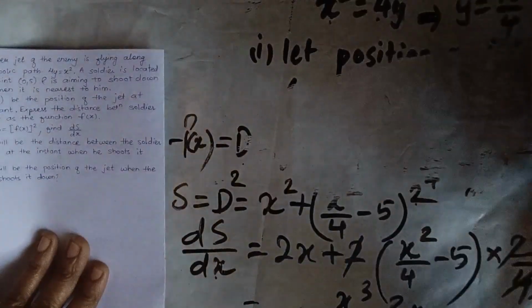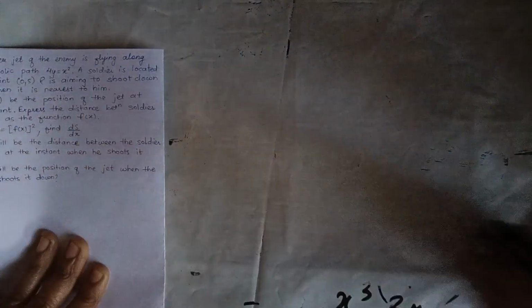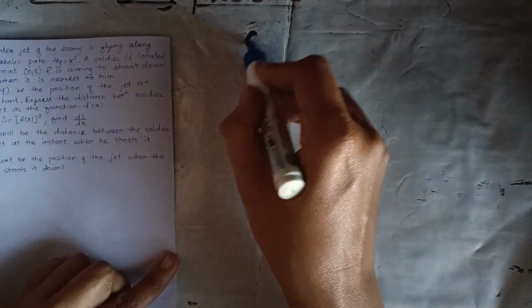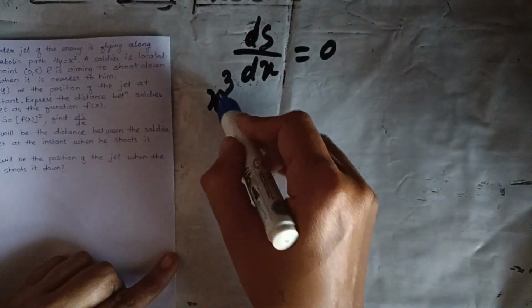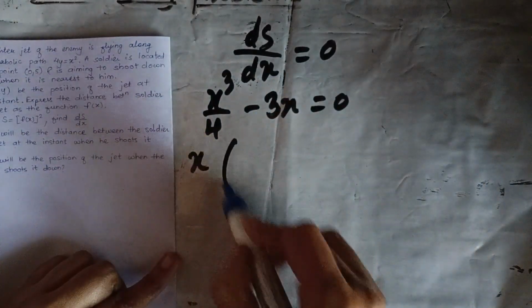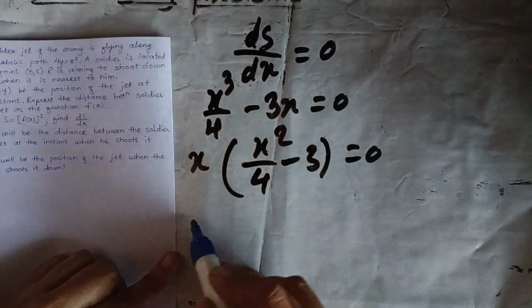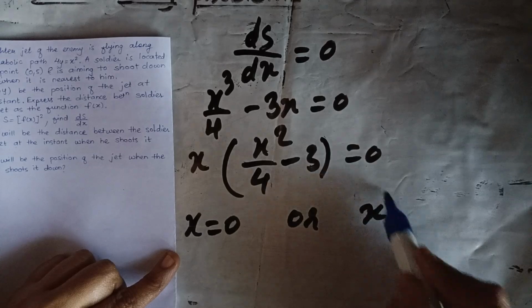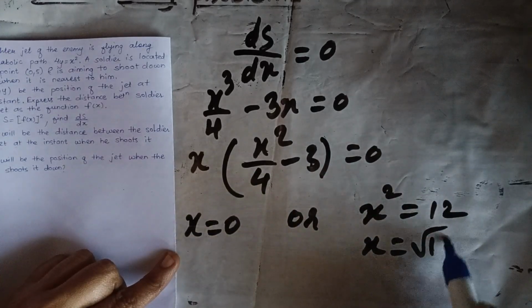Okay, let's write that. So ds by dx equal to 0, taking x common. So either x equal to 0 or x square equal to 12. So x is equal to root 12.